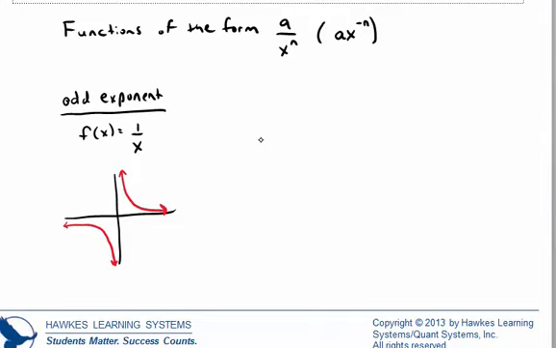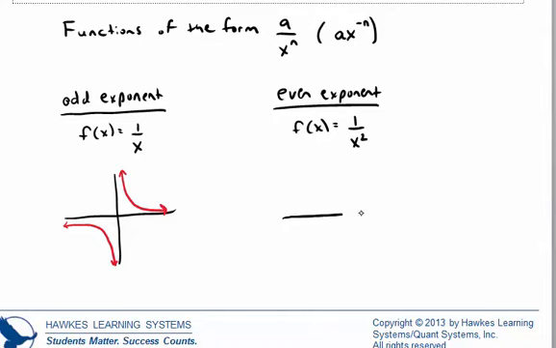Our second case is where our exponent is even. And so we'll look here at the graph of f of x is equal to 1 over x squared. And so that graph will look something like this.